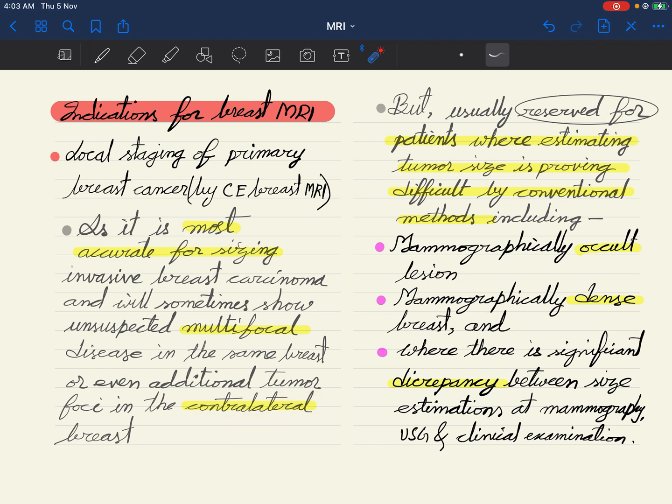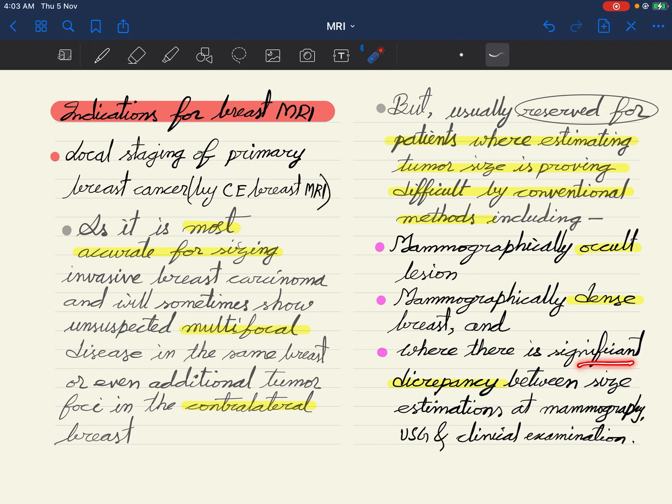But we reserve breast MRI for such local staging of primary breast cancer for such patients where estimating tumor size is proving difficult by conventional method, such as if the breast is mammographically dense, then we can use MRI for local staging.